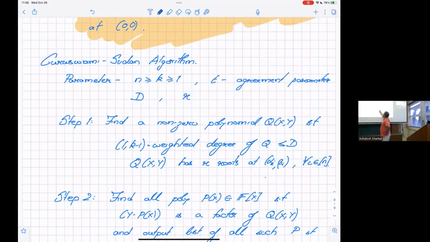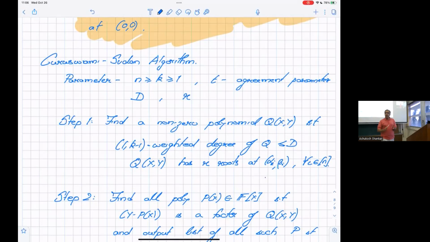Now, if you want to say that it has r roots, you just take Q(x + alpha, y + beta), write it down as a polynomial, and say that for every monomial of the type x^i y^j, the coefficient of that monomial is 0. These will all be linear combinations in the coefficients of Q, so they will all be a linear system.